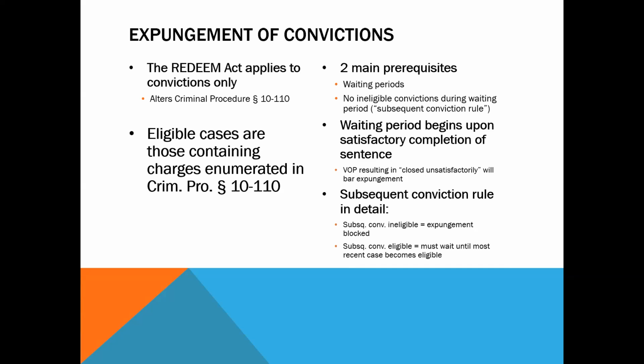There was recent case law that basically interpreted this satisfactory completion provision to mean that if someone has a violation of probation and the court closes the probation period unsatisfactorily, this will not count as satisfactory completion of a sentence, and therefore the waiting period can never begin counting down, meaning expungement is not possible.